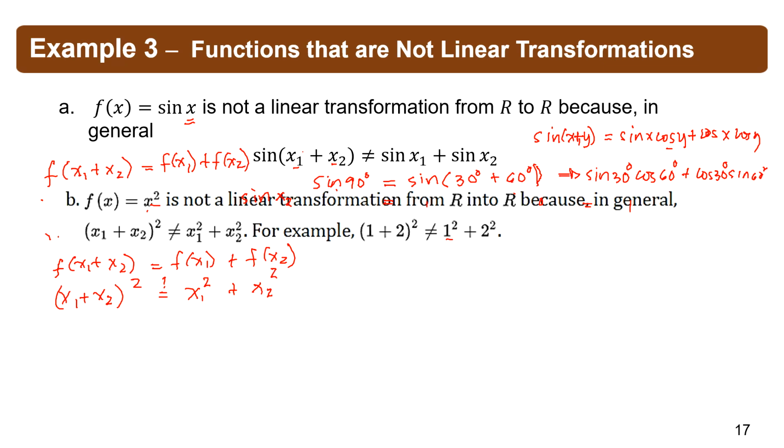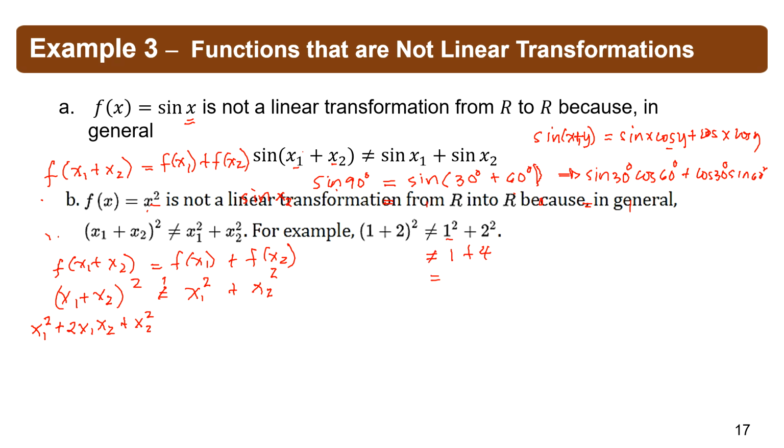Remember, if we have the trigonometric identity, in algebra we also have an algebraic identity. The square of a binomial is not equal to this one, which is actually your common mistake, no? It is not equal because there should be a middle term here. That middle term is 2 x sub 1 x sub 2, plus the square of the second term. In this example, 1 plus 2 squared is not equal to 1 squared plus 2 squared, because this one is 1 plus 4, and that will give you 5.